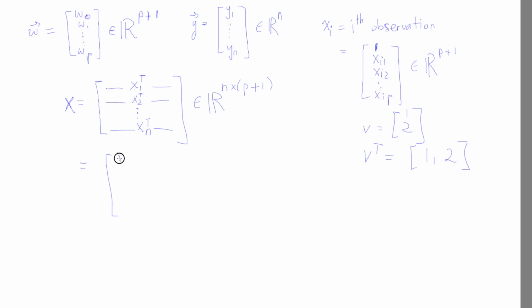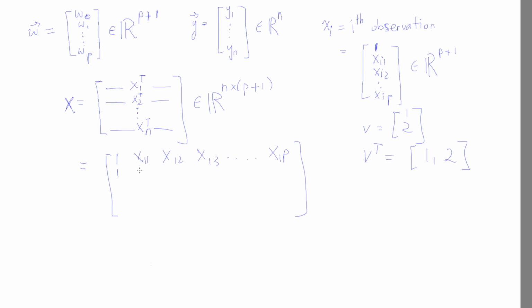The first row is going to be 1, x11, x12, x13, all the way to x1p. So the first row is for the first observation.